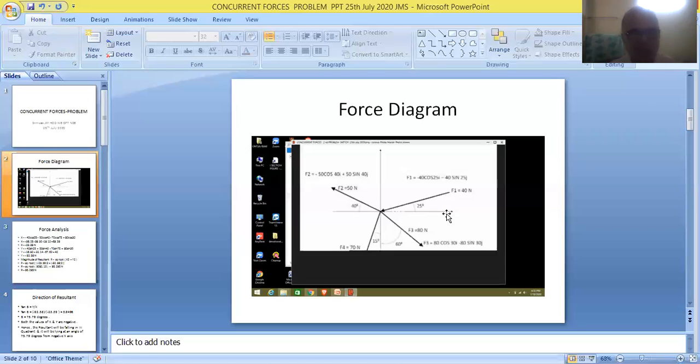The horizontal component will be acting in the reverse direction, and the vertical component will be acting in the downward direction. So the arrow of the resultant is given downward. These directions depend upon the direction of the resultant. So the horizontal component of this resultant will be acting in the reverse direction, and the vertical component will be acting in the downward direction.